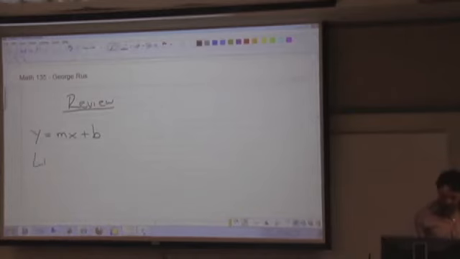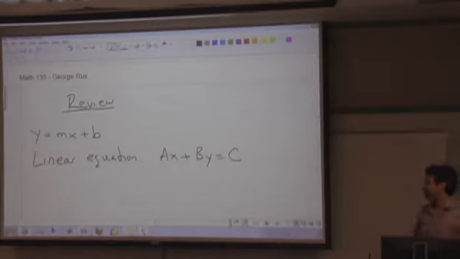So the general form of a linear equation is ax plus by is equal to capital C, but I know you don't like this because you really like the slope-intercept form, right? I know you really like it. As it turns out, I don't really care about it. Why? Well, we'll find out as the semester progresses.